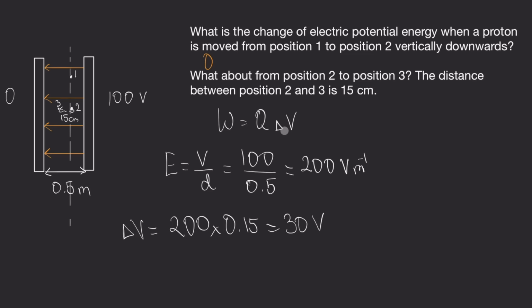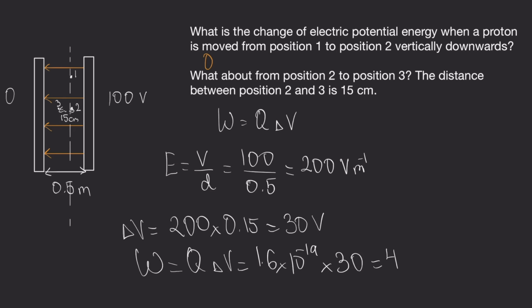We can just plug that into here. So we can say that W is going to be Q delta V. The charge of a proton is 1.6 times 10 to the power of minus 19. Multiply this by 30, which is going to give me 4.8 times 10 to the power of minus 18 joules.